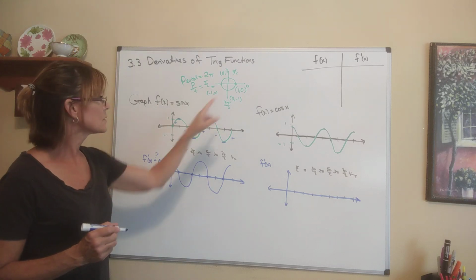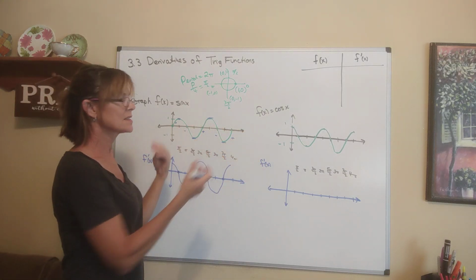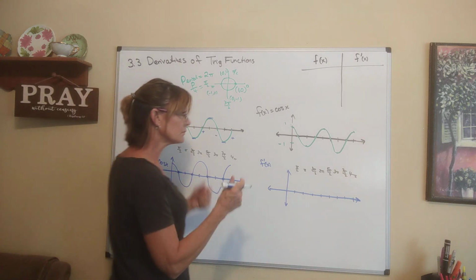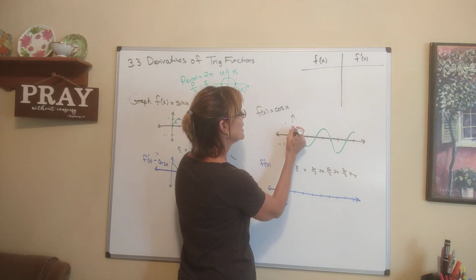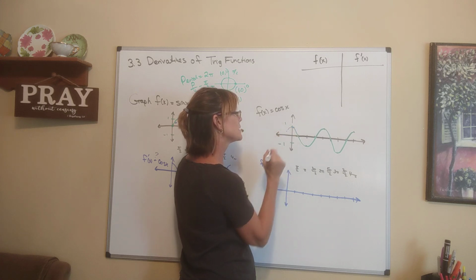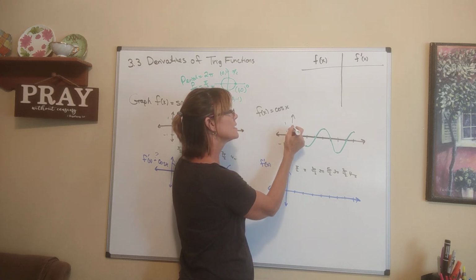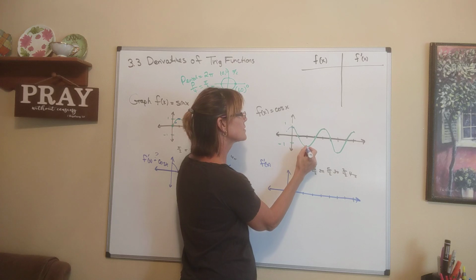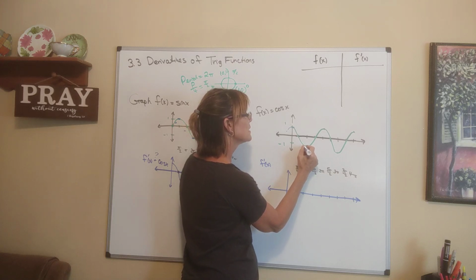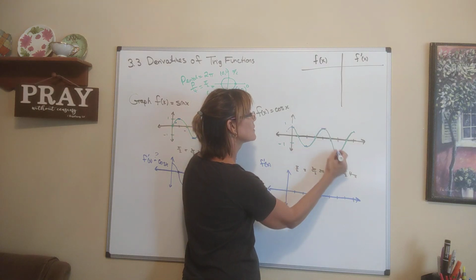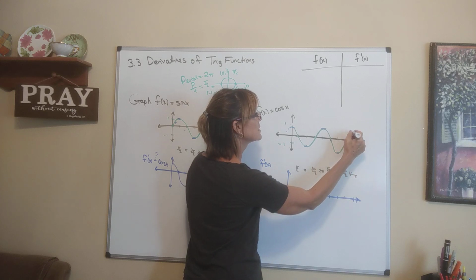Let's do the same thing with this cosine wave. So what do we think this might look like? So right here, at the top, this is a turning point, because we know that about the cosine wave. So we know that that slope is 0 right there. It's horizontal. This is horizontal. This is horizontal. This is horizontal.